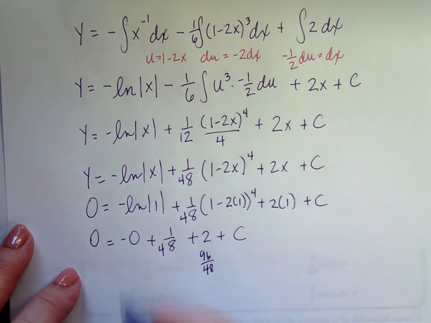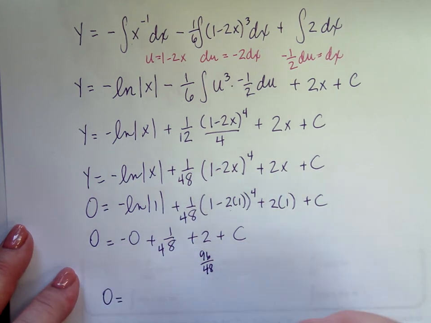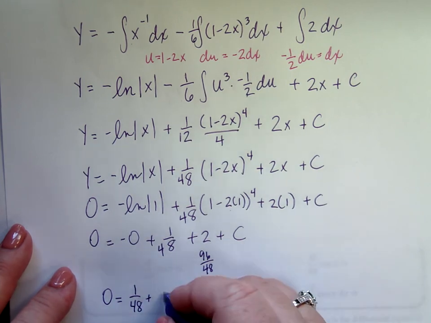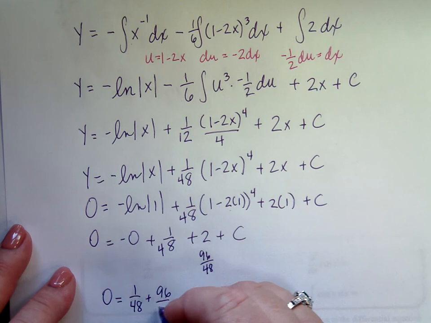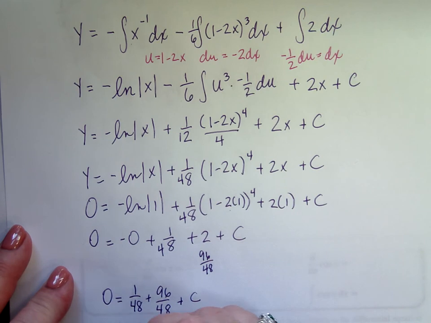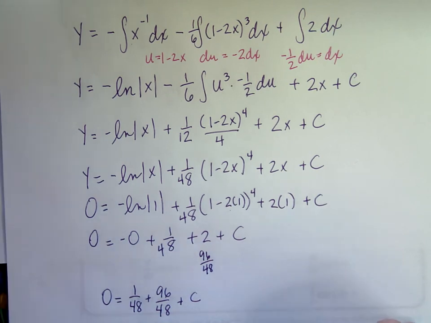So here's where I'm at now algebraically. I have 1 over 48 plus 96 over 48 plus c gives me 97 over 48, but it's going to the left. So negative 97 over 48 is my c. Which means, put it back in the equation.